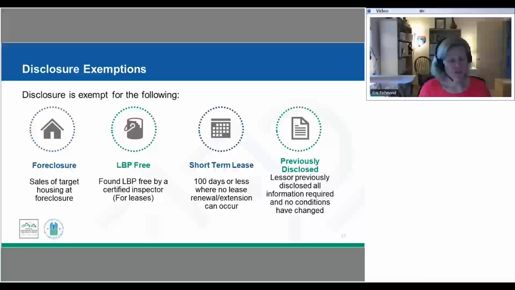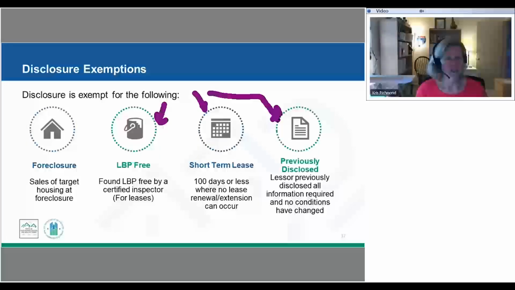Okay, so there are a couple times when disclosure is exempt. This would be found at 24 CFR 35.82. This is in Subpart A. But the most relevant that we are going to be seeing for public housing is perhaps it's lead-based paint free, or perhaps we have previously disclosed any type of lead-based paint knowledge.